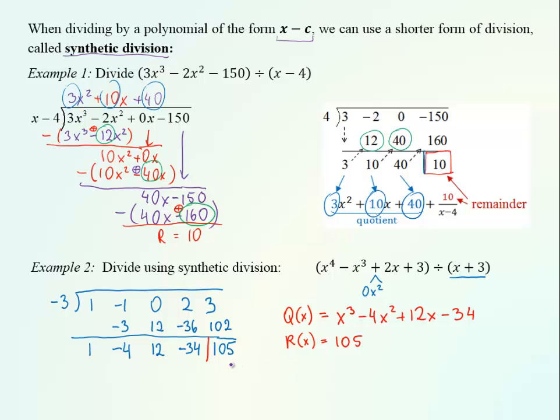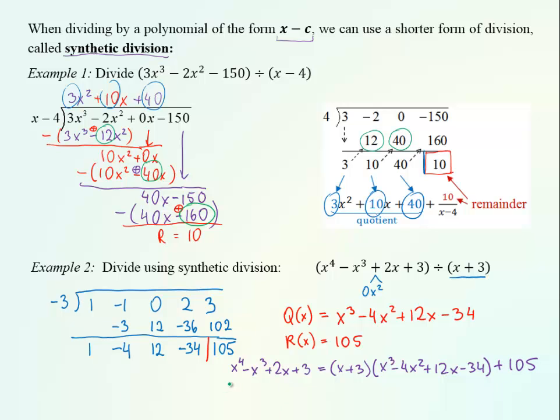Notice that we can actually write that the polynomial x to the 4 minus x cubed plus 2x plus 3 is equal to the divisor, x plus 3, times the quotient, which is this one, x cubed minus 4x squared plus 12x minus 34, plus the remainder, which is 105.